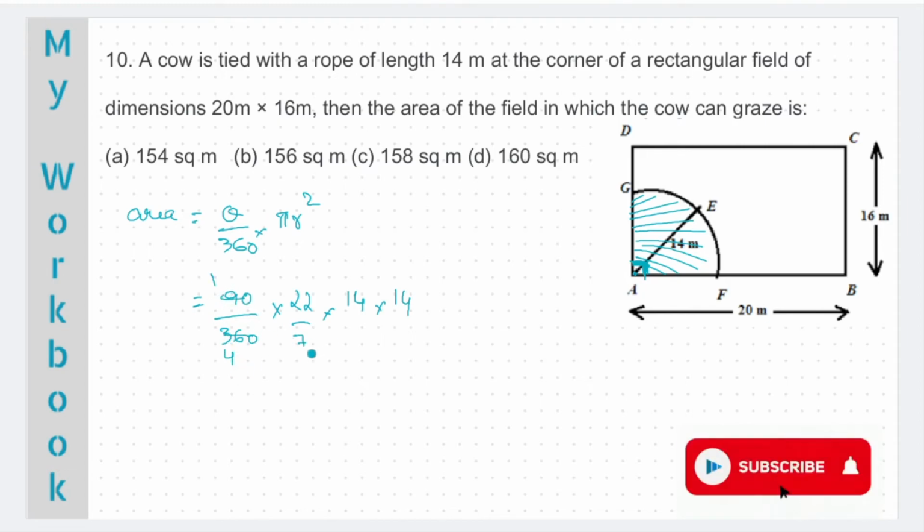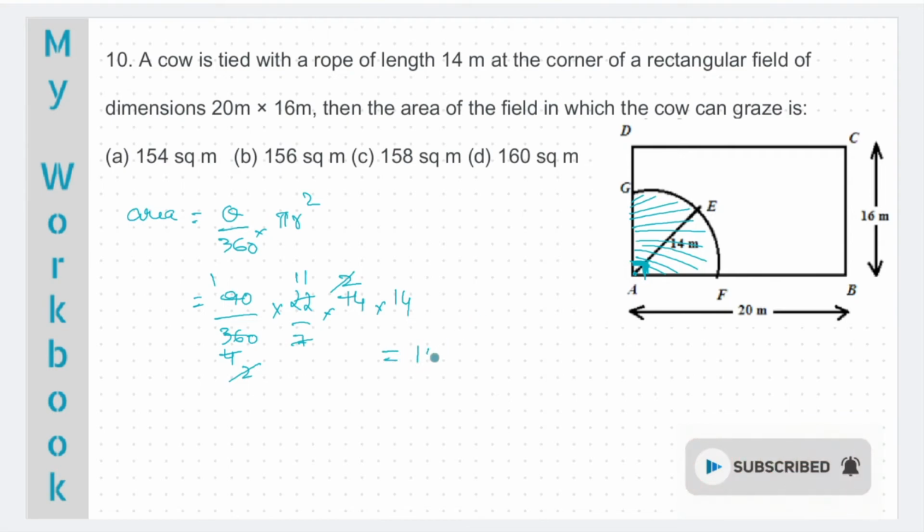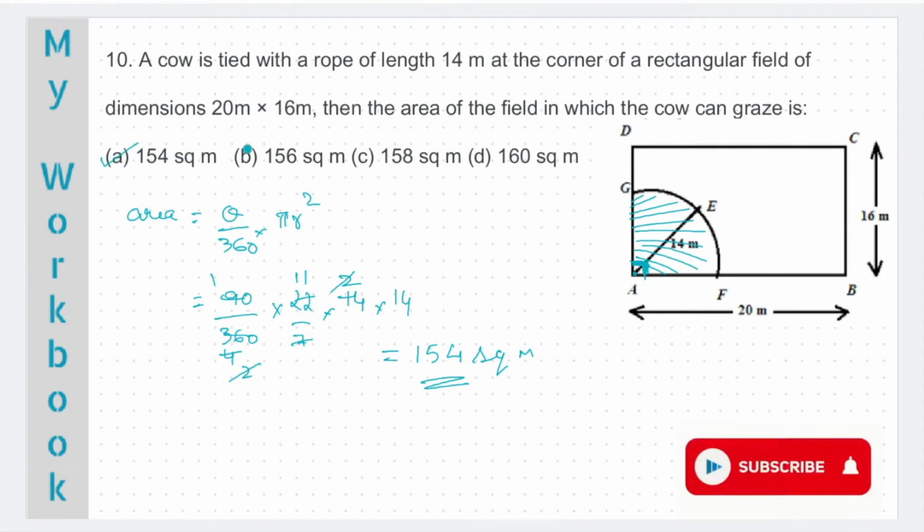Ninety by 360 is one-fourth. So if we solve, we get the answer as 154 square meter. So option A, 154 square meter is the area of the sector, which is the same as the area of the field in which the cow can graze.